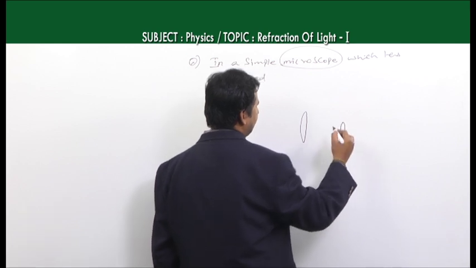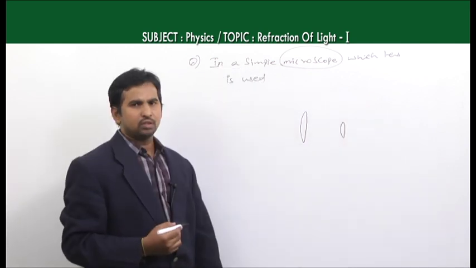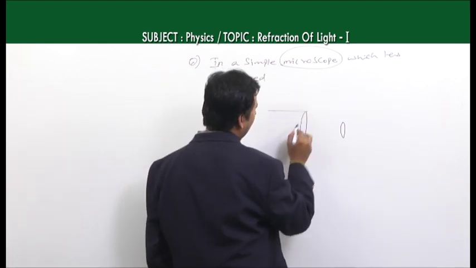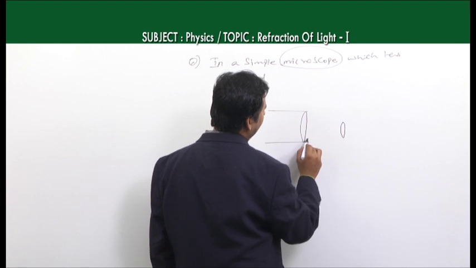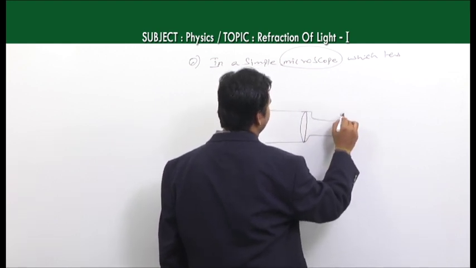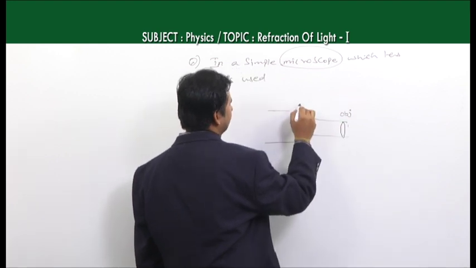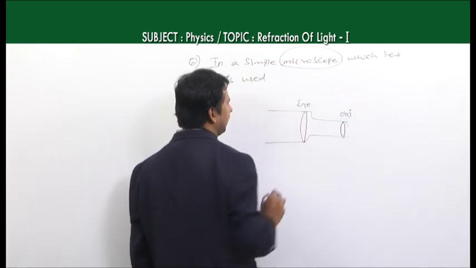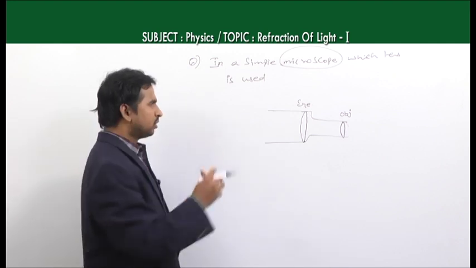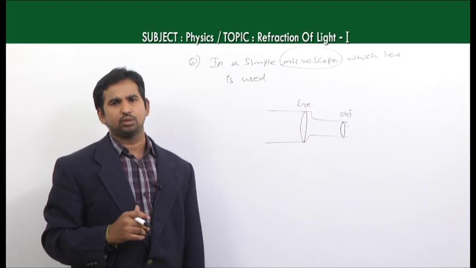So these are the two lenses we have inside the microscope. This is the objective lens and this is our eye lens. Eye lens means the lens present towards our eye.